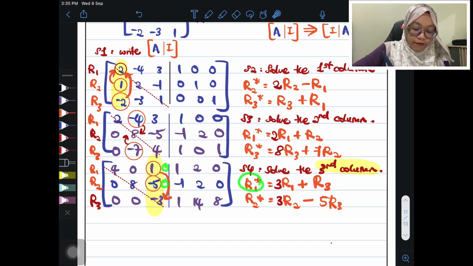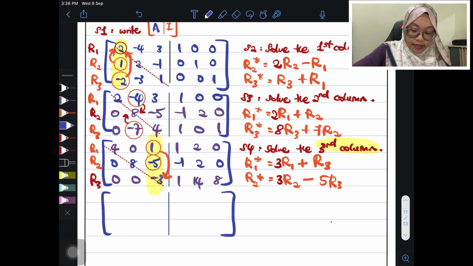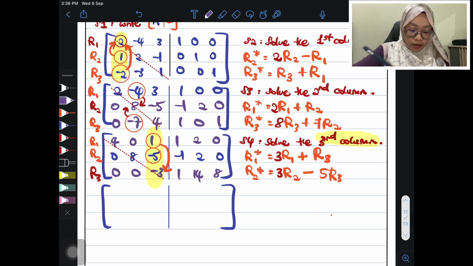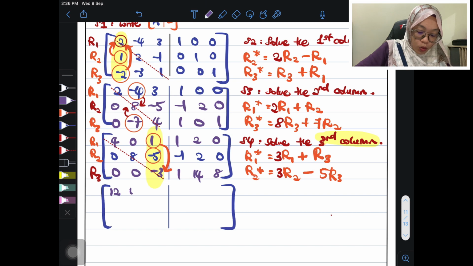So, your objective is to get the first row and the second row 0, 0 over there. Okay? And then you do the operations by using your brain or write it down, the calculation. I'll use purple color. So my new row 1 ya, new row 1 akan jadi 12, 0, 0.